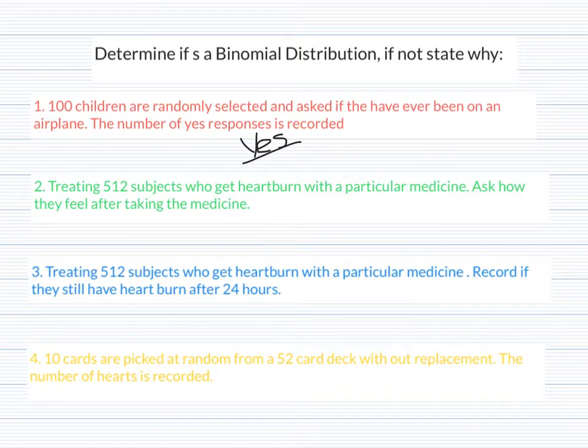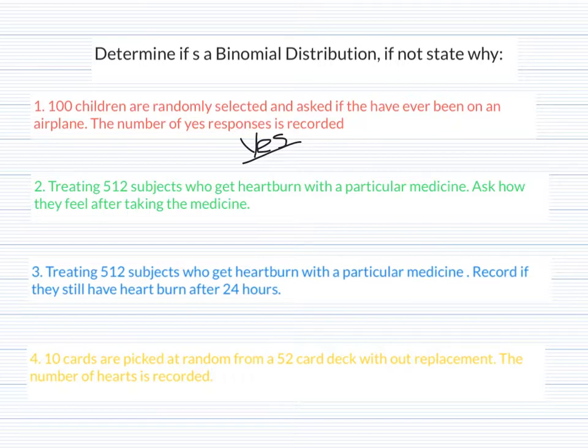The second question: treating 112 subjects who get heartburn with a particular medicine. After you give them the medicine, you ask how they feel after taking it. So, we have a fixed number of trials. Each trial is independent. How one person feels isn't going to change how the next person feels. The third question, though, is there are two outcomes, success or failure.